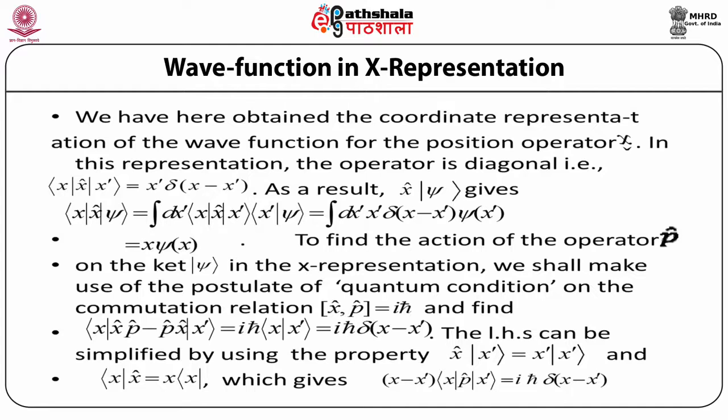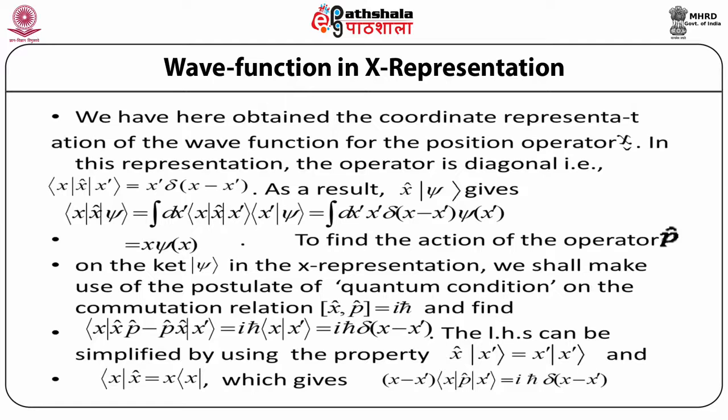And we find that using this condition, we have bra vector x, operator x operator p minus operator p operator x, that is the commutation relation of operator x and p, ket vector x prime, and this is equal to i h cross bra vector x ket vector x prime, which is equal to i h cross delta x minus x prime, where we have used the above identity for simplifying this equation.